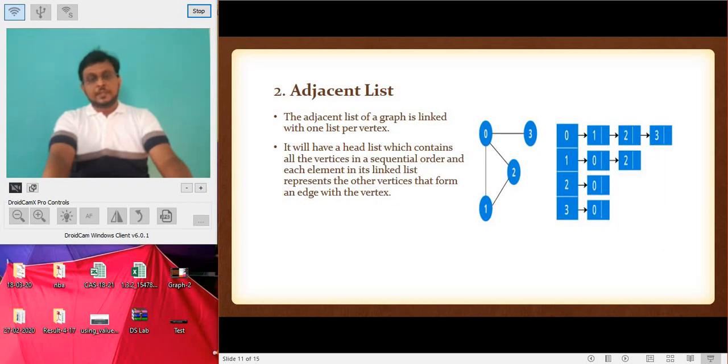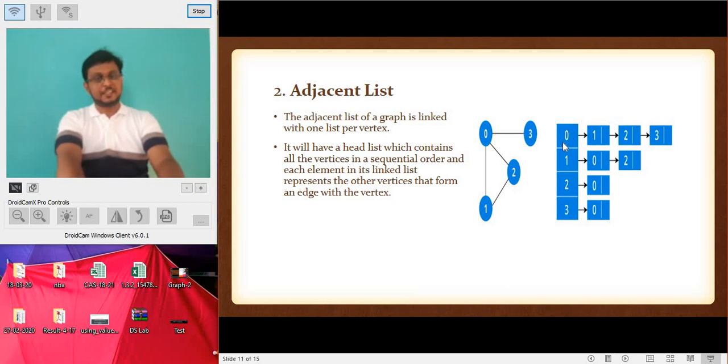Now let's see the adjacency list method. In this case, we are using linked lists to represent our graph. The same graph is represented here with the adjacency list method. Here we have to use a linked list as a head list.